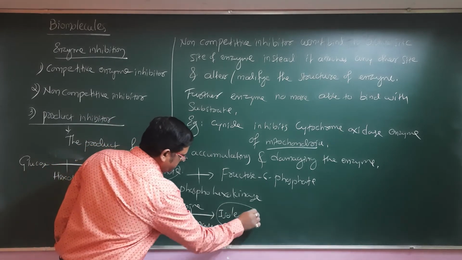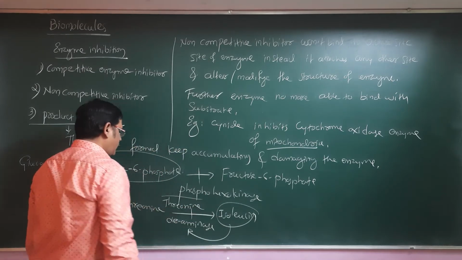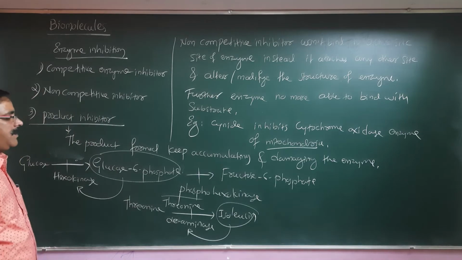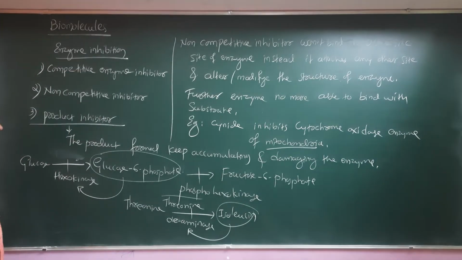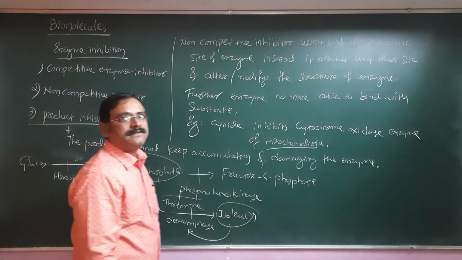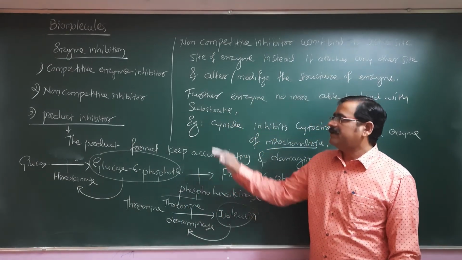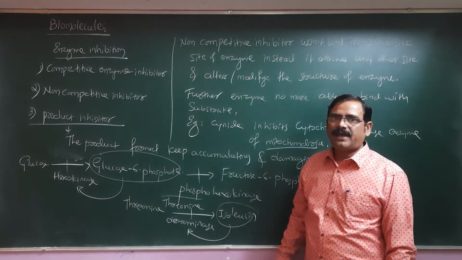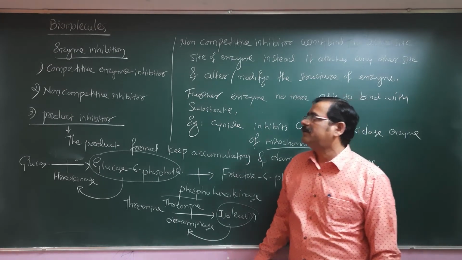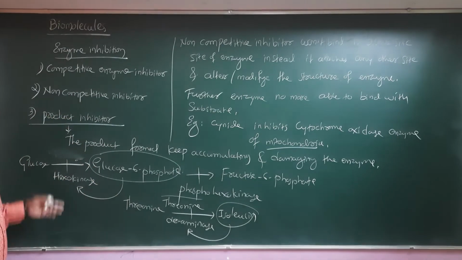So isoleucine is a product that can damage the enzyme threonine deaminase. Thus, product inhibitors will definitely be there in every cell once there is too much accumulation of these products. That's why these are the three important main mechanisms of enzyme inhibition. One is competitive inhibition, another is non-competitive inhibition, and the third is product inhibition.